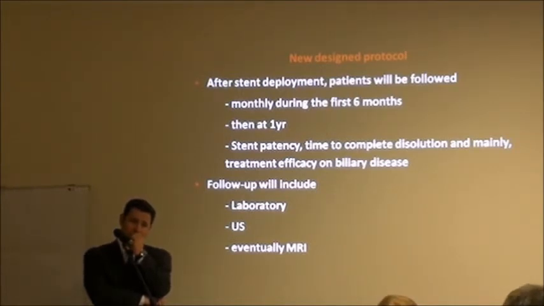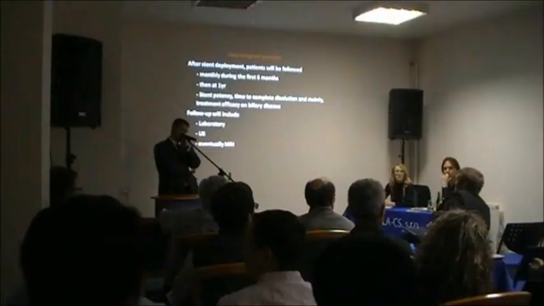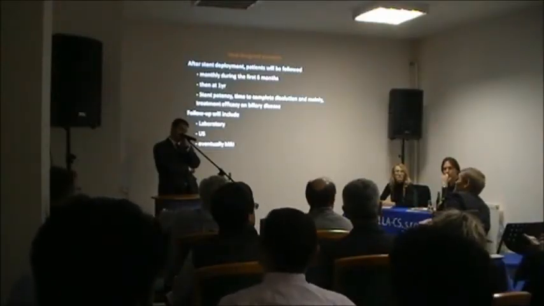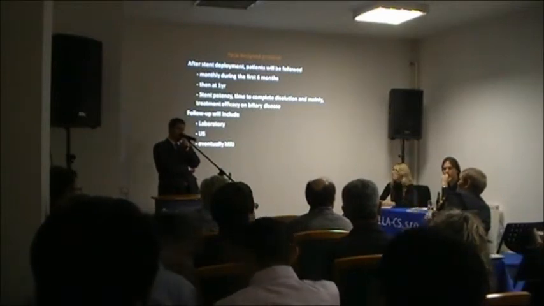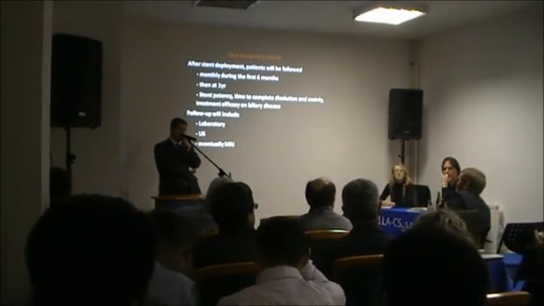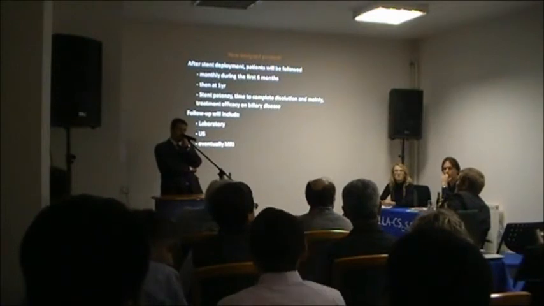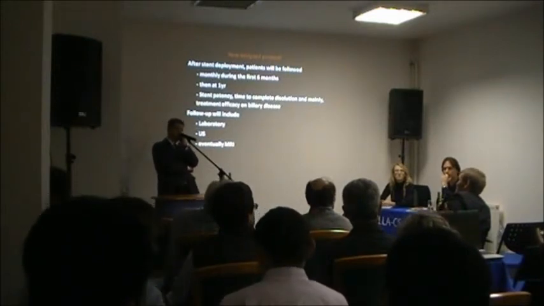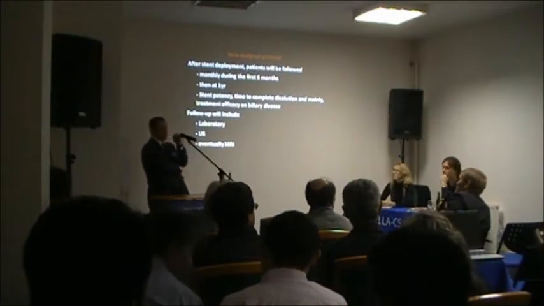I wonder whether those stents could be used in an intrahepatic location. Well, we haven't tried it, but that's what has been our problem in 2 cases. This unnecessary operation.